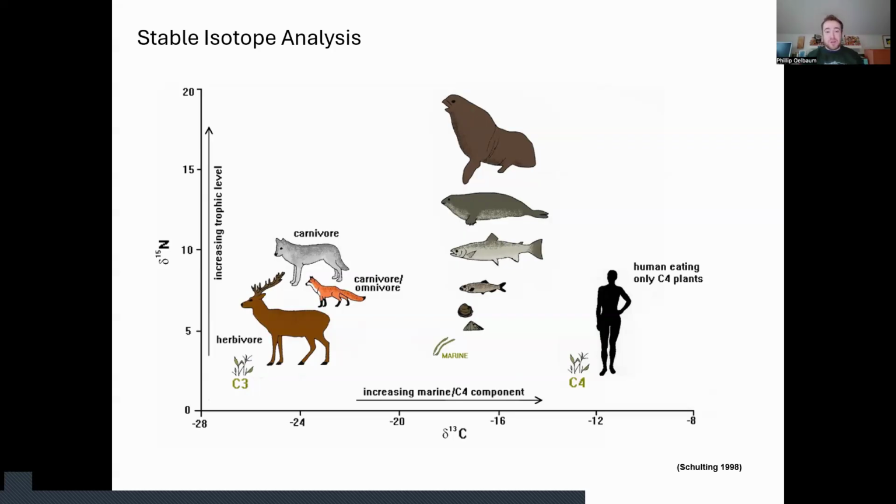I would encourage you guys to check that out on the YouTube channel. But very briefly here, the two most common isotopes that people use in studies of ecology are carbon, denoted here as delta 13C, and nitrogen, delta 15N. These are the ratios of heavy to light isotopes of each of these elements in animal tissues.